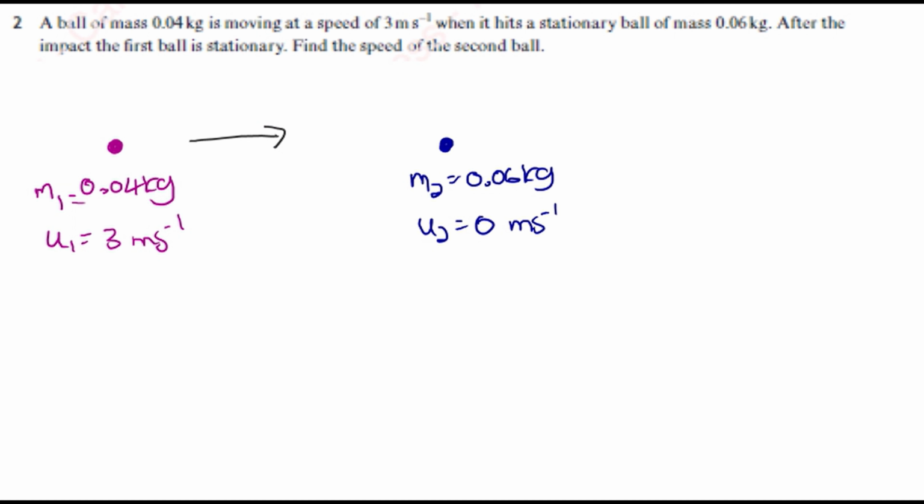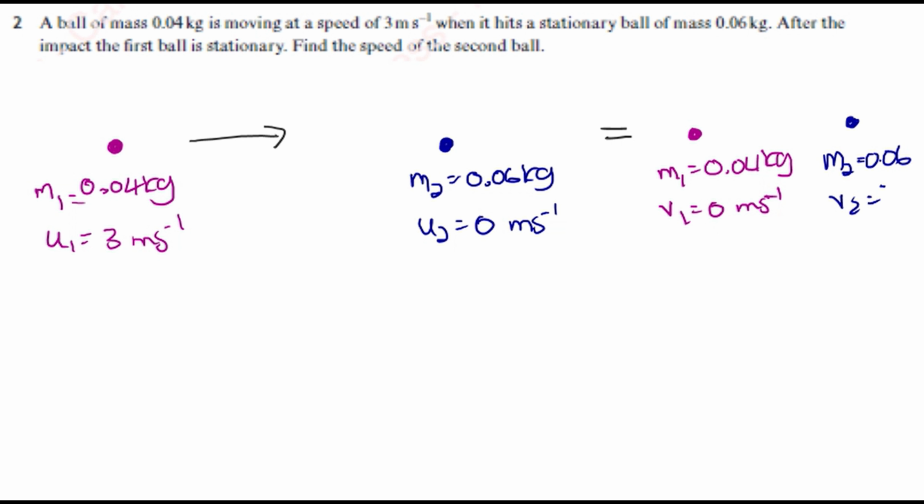After the impact, the first ball is stationary, so v1 will be 0 meters per second. We're required to find the speed of the second ball. So we'll have m2 as 0.06, and we are required to find the final velocity of the second ball.